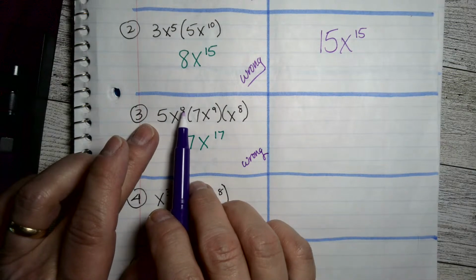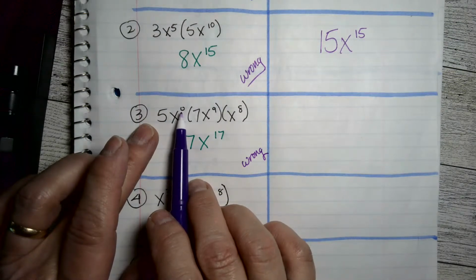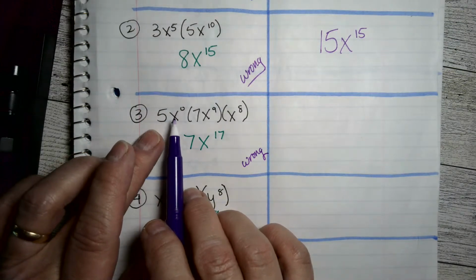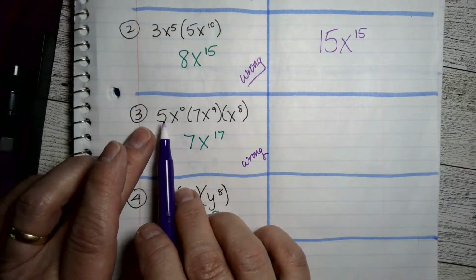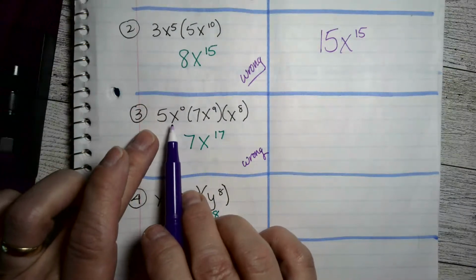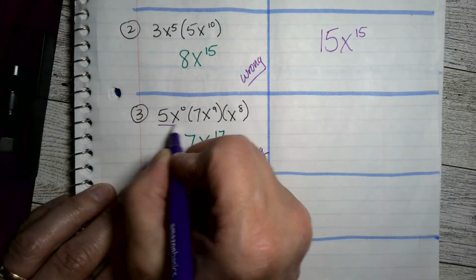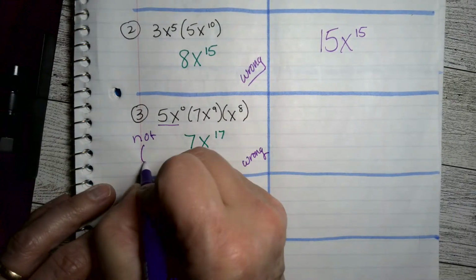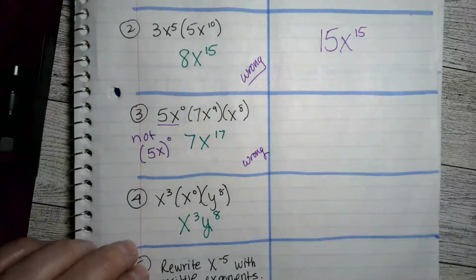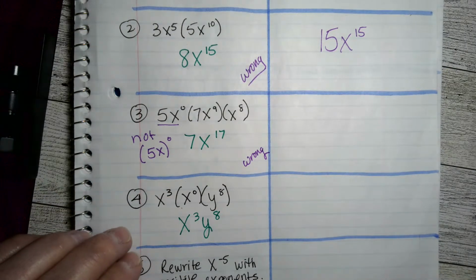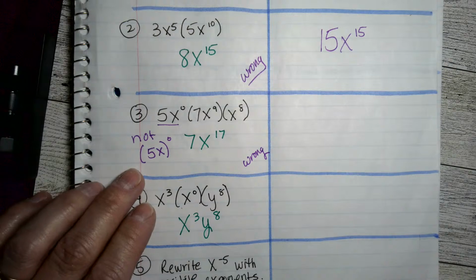They will think that the exponent that they are looking at is attached to the x and the number in front of the x, like they go together like they're parentheses. But this is not that. So if I wanted the 0 exponent to apply to the 5, then that would have been the case.